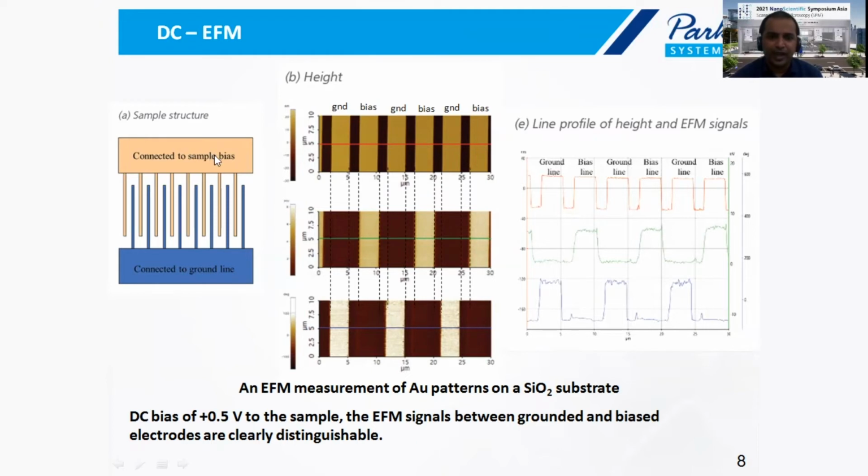And then we find that the EFM signals between the grounded and the bias electrodes are clearly distinguishable when you look at the EFM amplitude image and the EFM phase image. This middle image is your EFM amplitude image, and the bottom image is your EFM phase image, where you can clearly find the bias lines as well as the grounded lines in this particular experiment.